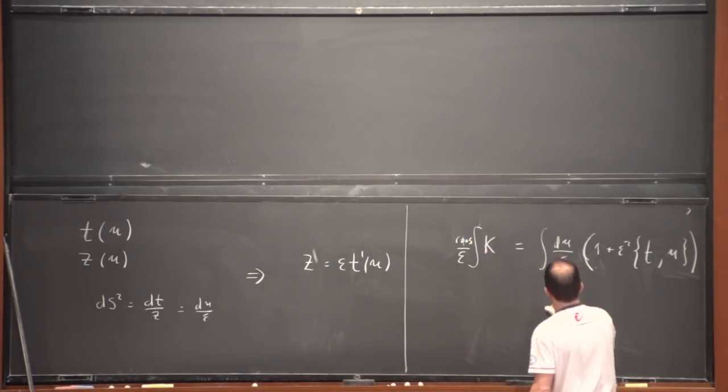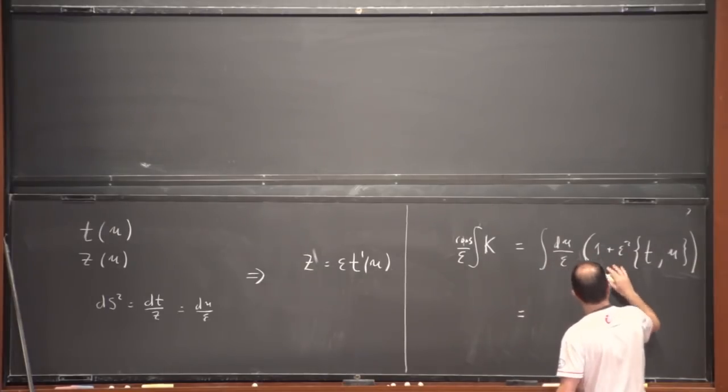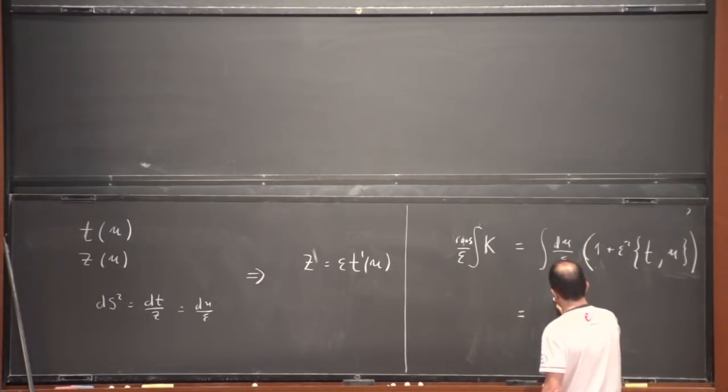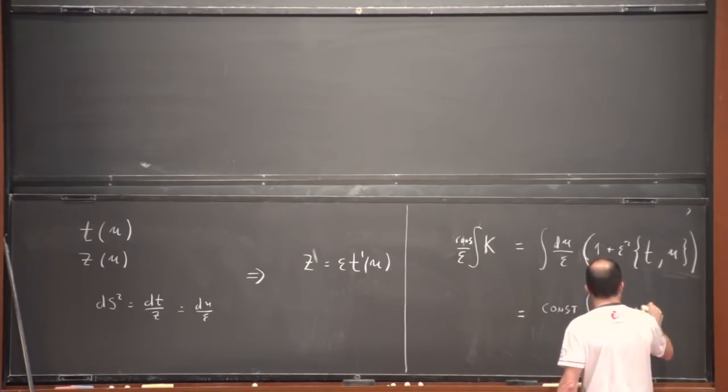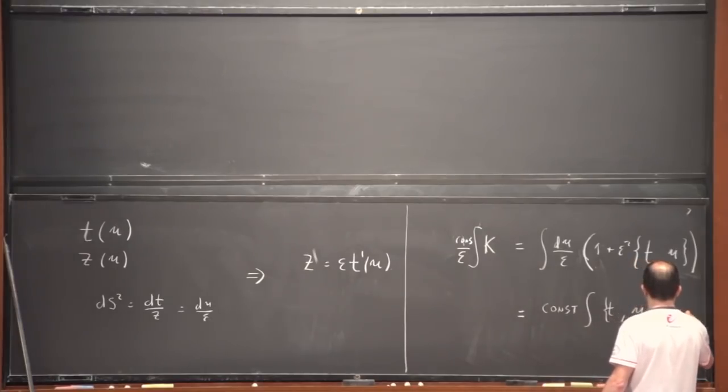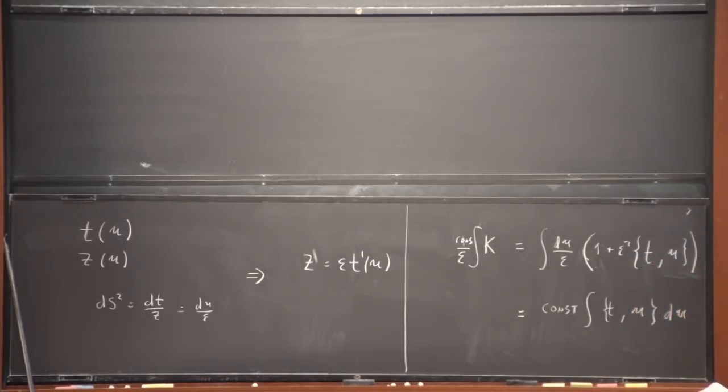We end up with an action which is that constant times the Schwarzian action. So this is just a simple way to break that symmetry.